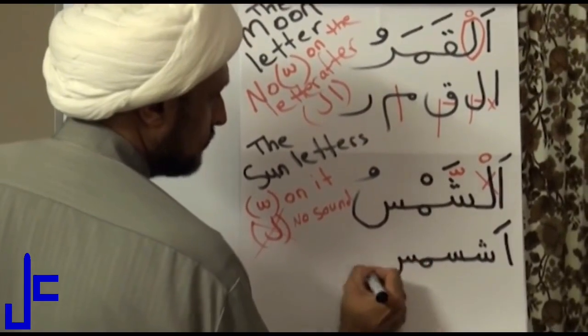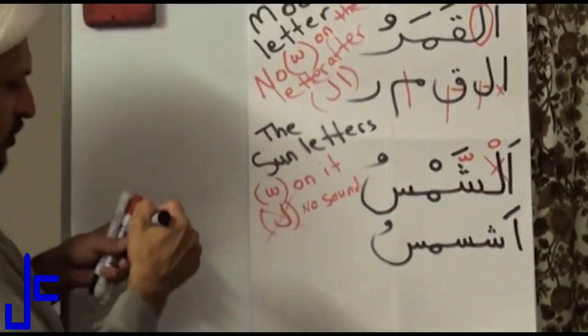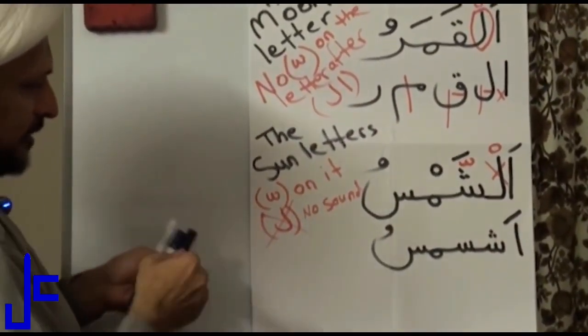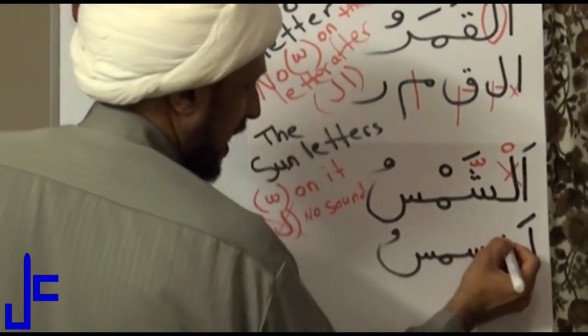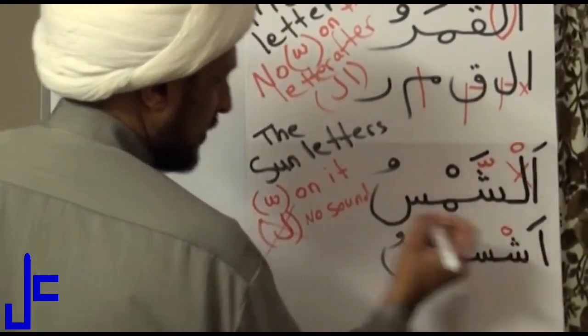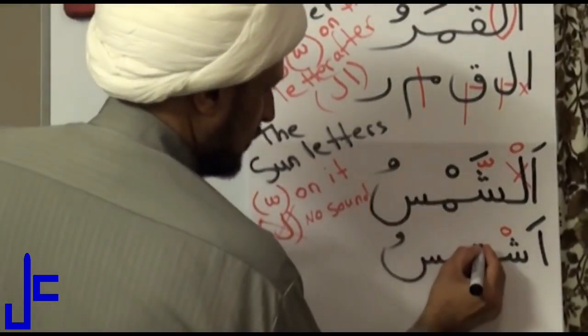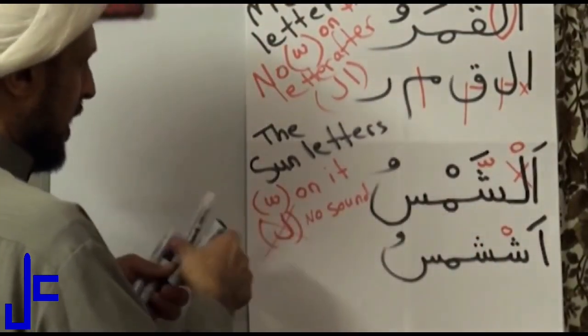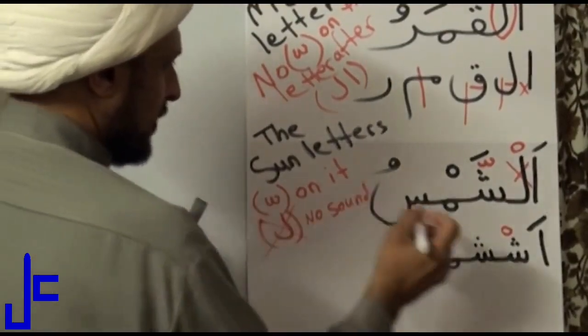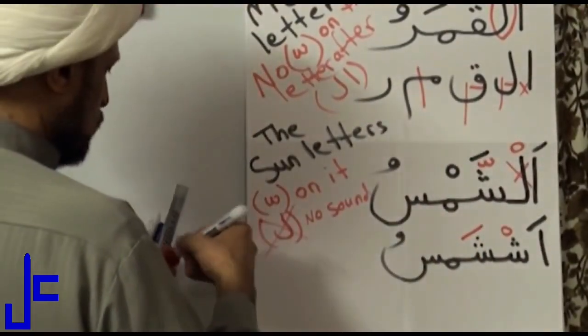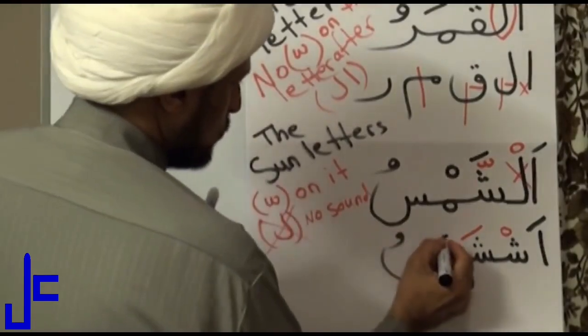Ash-shamsu. This is just for pronunciation purposes. Never write like this. Ash. Okay, one sheen has a sukoon, and then another sheen has the fatha. Ash-shamsu. And this is a regular sukoon.